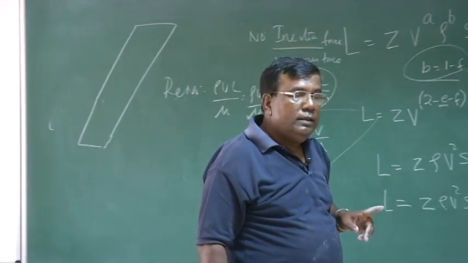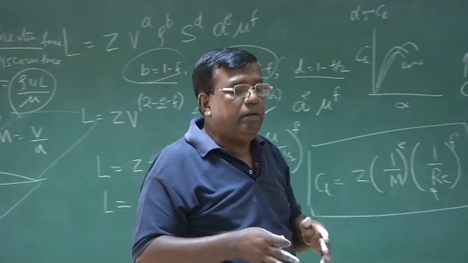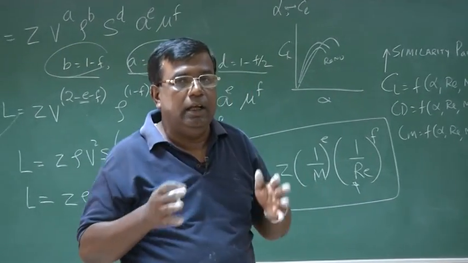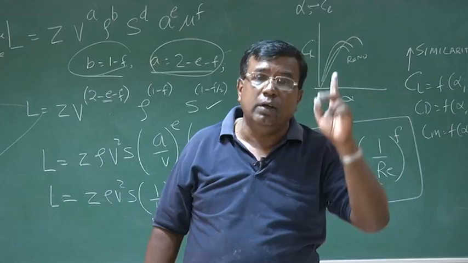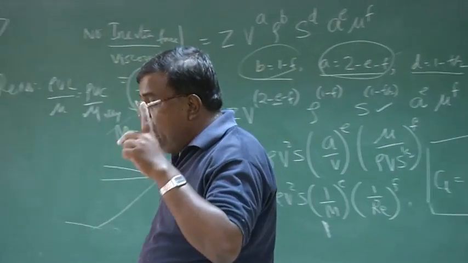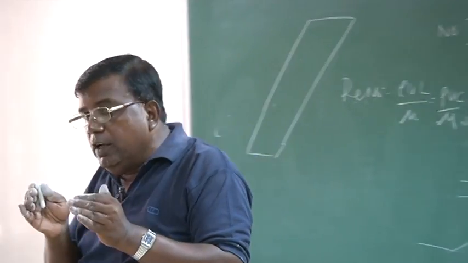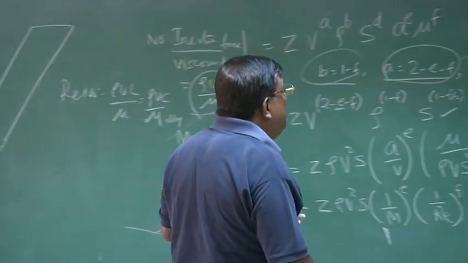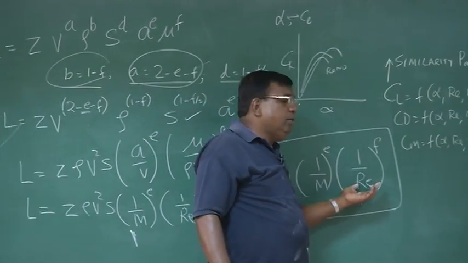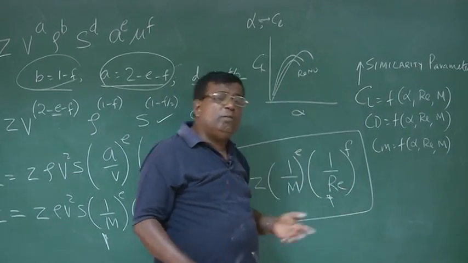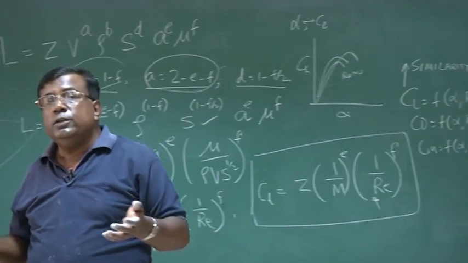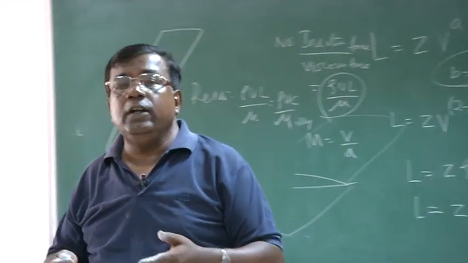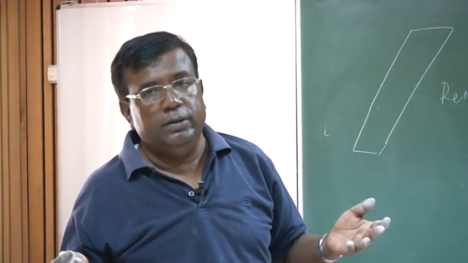That means I have to select the model, the speed, and the density of the tunnel air, such that whatever actual Reynolds number the airplane was experiencing, the smaller model is also experiencing the same Reynolds number. So now whatever CL comes, because I know CL depends upon Reynolds number for a given angle of attack, I am least bothered about any other parameters. So that CL I use for the CL of my aircraft.